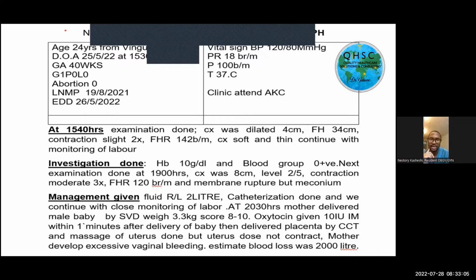So that's about the oxytocin management during or after delivery. I don't have a lot to add, because mostly the midwives are responsible for giving the oxytocin, and they know exactly how to manage it.